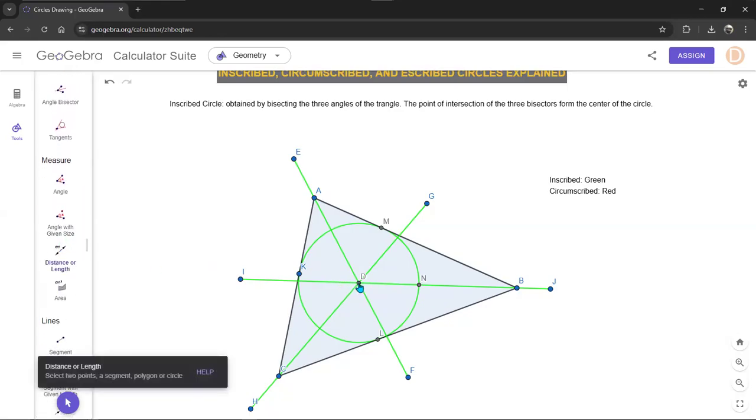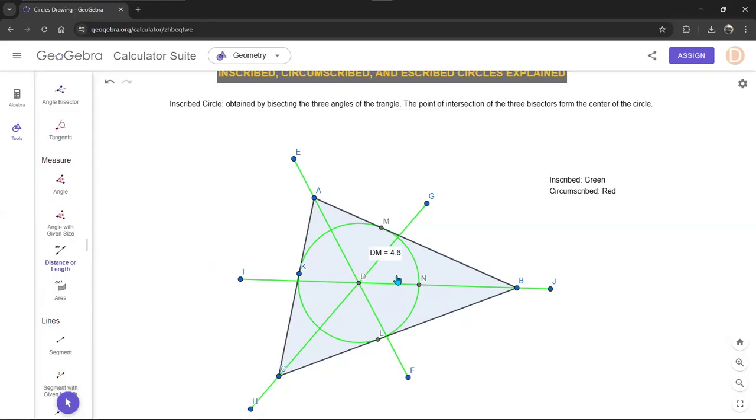The distance from D to M, so we have the radius being 4.6 centimeters in our case. The same way, if we choose D and N, you can see it's the same. Also the same for DL.